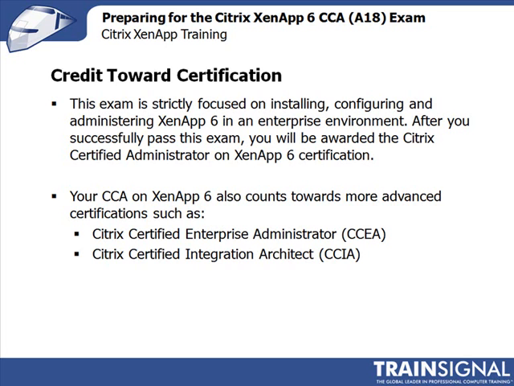Now, this credit can also go towards other more advanced certifications that you can aspire for within Citrix, such as the Citrix Certified Enterprise Administrator, CCEA, and the Citrix Certified Integration Architect, CCIA. So the CCA in most cases is always a building block. It's the first step, but I wanted to make sure that you're aware that there are other certifications that Citrix offers that this exam and this certification would count towards as well.